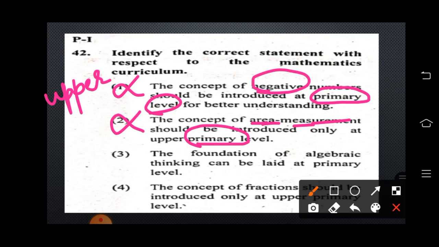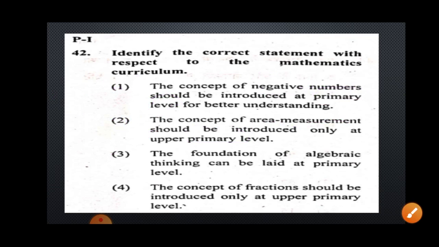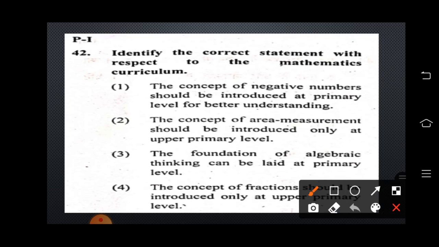Option 3, the foundation of algebraic thinking can be laid at primary level. The foundation means that by simple examples, by simple things, we can introduce algebra at the primary level. This is right. And option 4, the concept of fraction should be introduced only at the upper primary level. The concept of fraction also can be taught by using concrete objects, like for example this is a biscuit and I made it half.